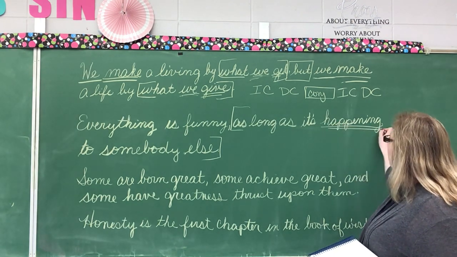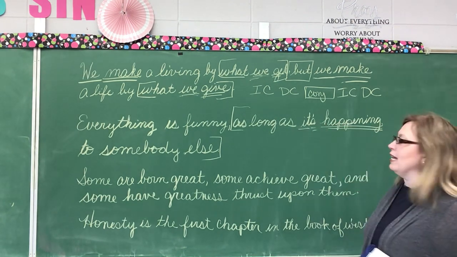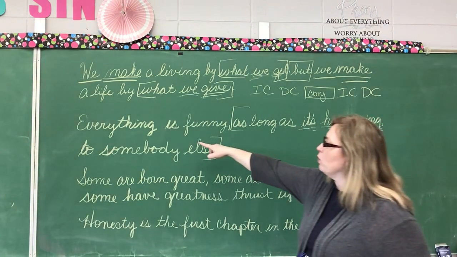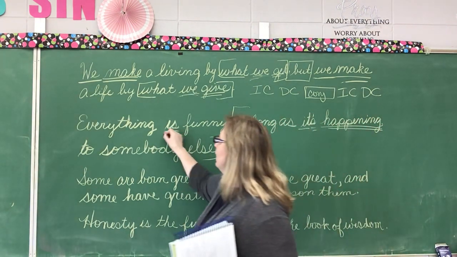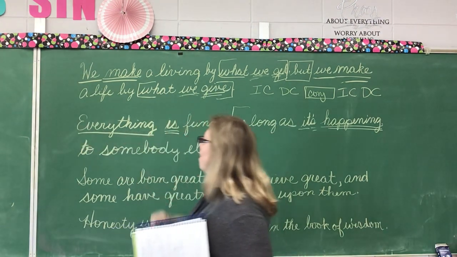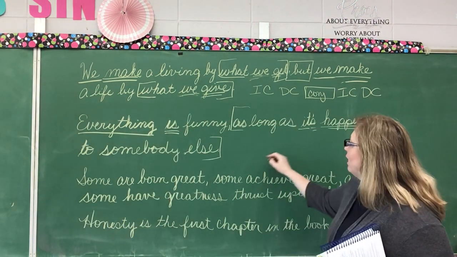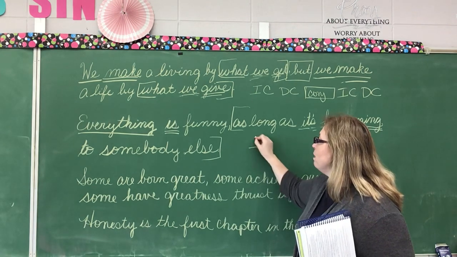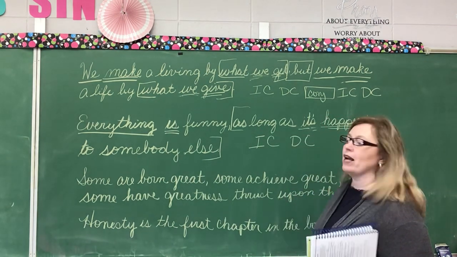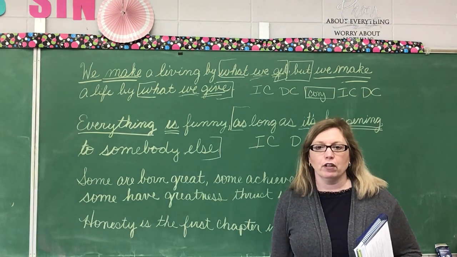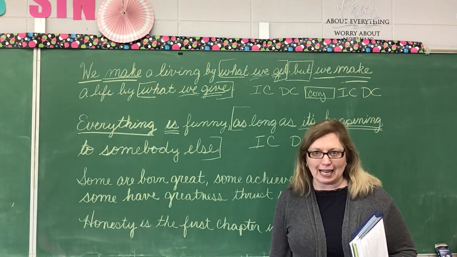Happening is the verb, and it is the subject. Okay, now look at what you have out here. Everything is funny. What's the verb? Is, and your subject is everything. So now what do you have? Let's write it right here. You have an independent clause, and then you have a dependent clause. What do you have? You have a complex sentence.